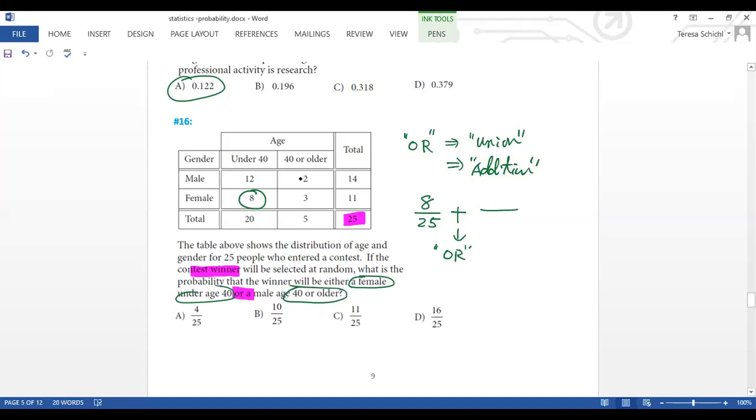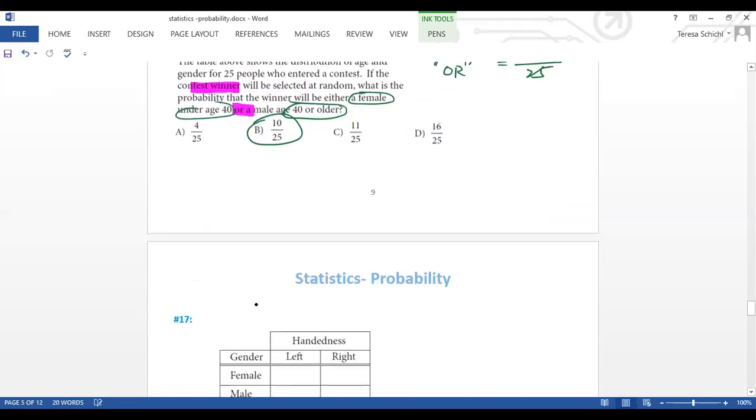So 40 or older, it's 2. So it's 10 over 25. So the answer is B. It's pretty easy, right?